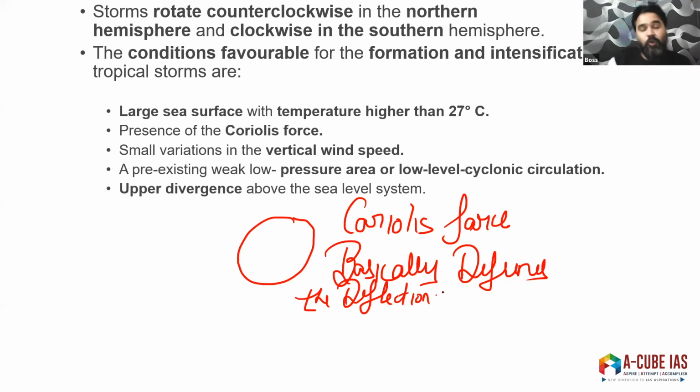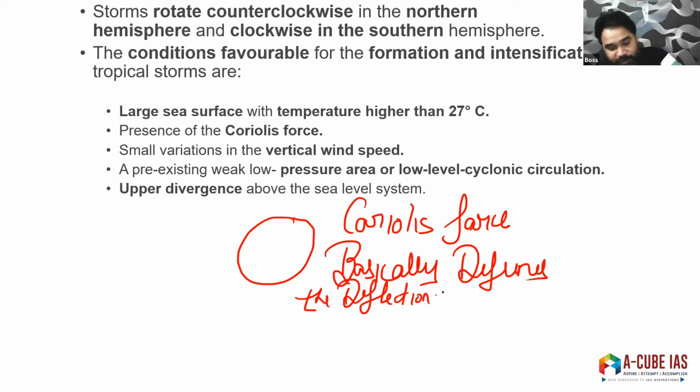If a cyclone occurs in the Northern Hemisphere, the water will tend to move towards which direction? The water will tend to move towards the right. If the cyclone occurs in the Southern Hemisphere, in what direction will it tend to travel? It would tend to travel in the left direction. This is exactly what the Coriolis force is important for. This is the role played by the Coriolis force.